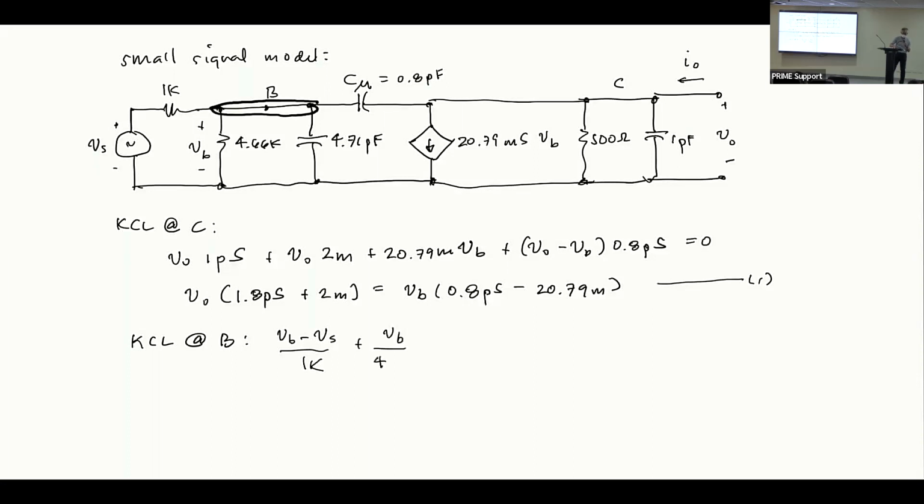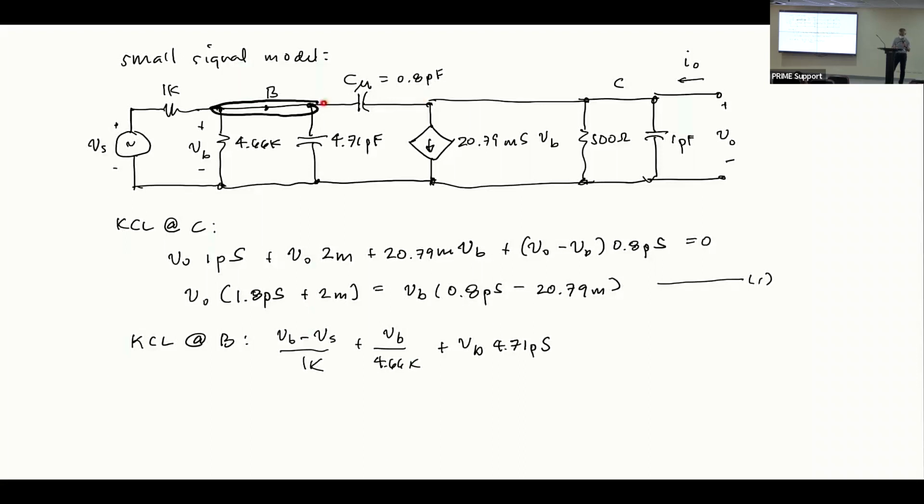Okay. And then you have a current going down here. Right? So that's V sub B multiplied by 4.71 PS. Okay. And then finally, your current going to the right here. Okay.